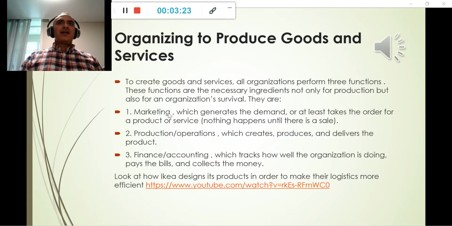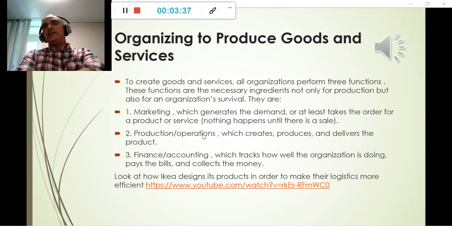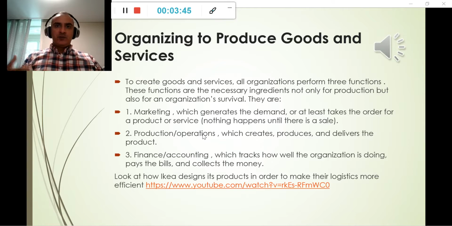We have the marketing, which generates a demand, meaning based on the number of sales or the projection of the sales, we need to calculate the production. That means if we forecast that Uniqlo is gonna sell 1,000 shirts in X number of stores, we have to make sure that we have enough resources to produce that amount of shirts.